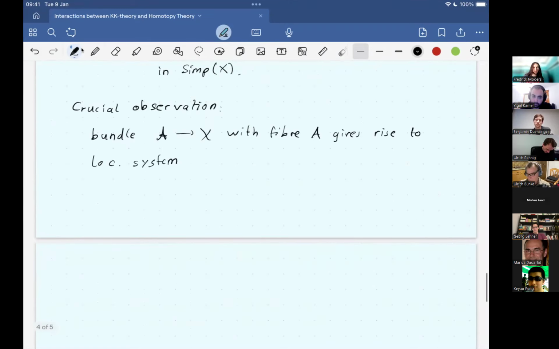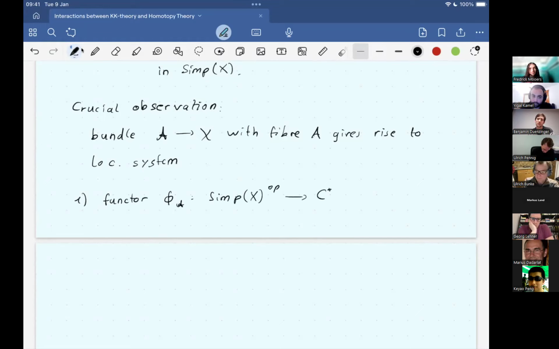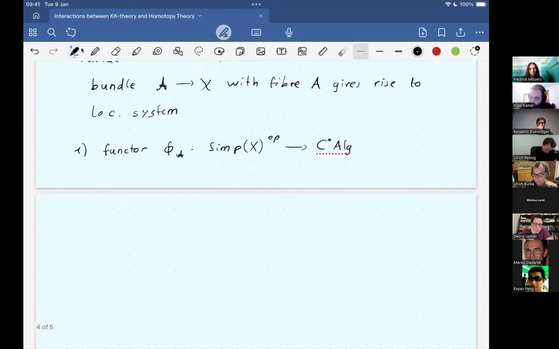And this works as follows: from this bundle, I can construct a presheaf on this simplex category with values in C-star algebras. And that's not difficult.